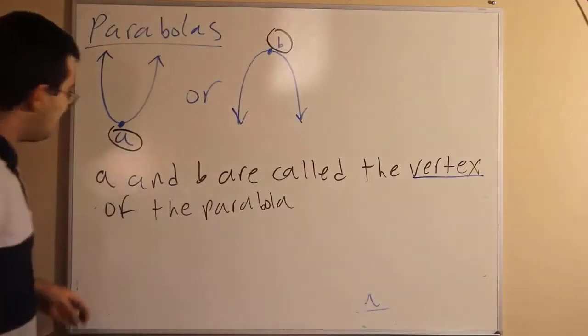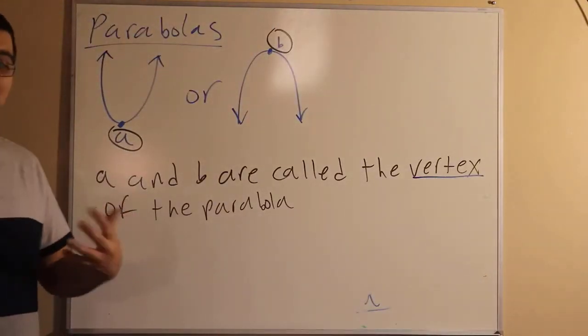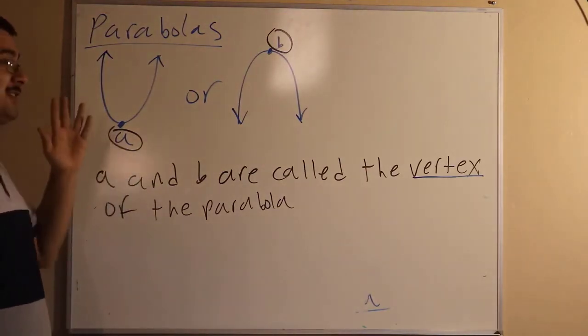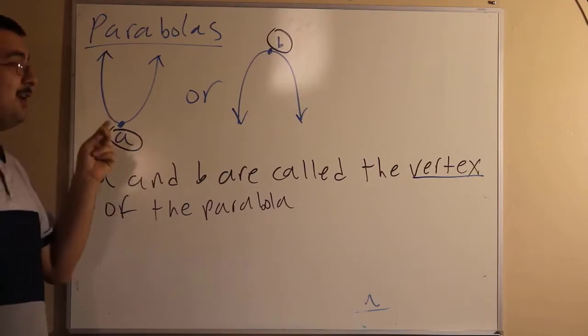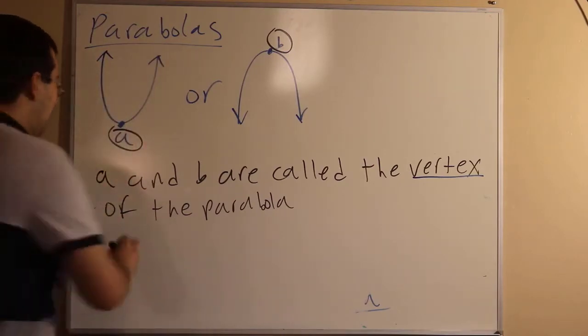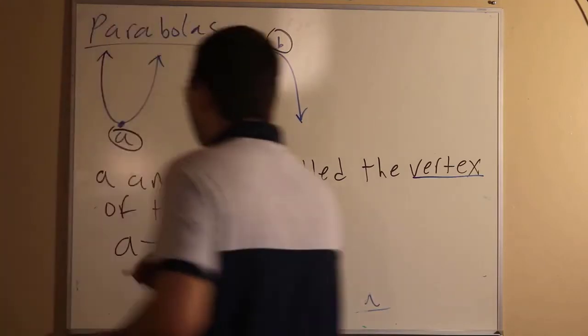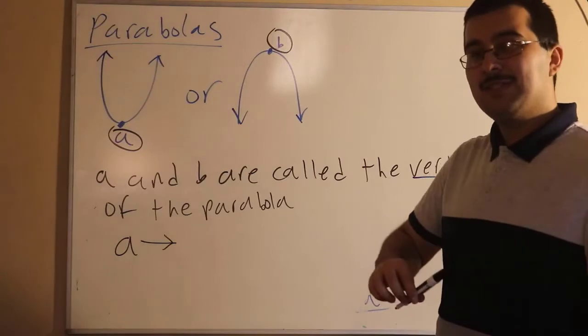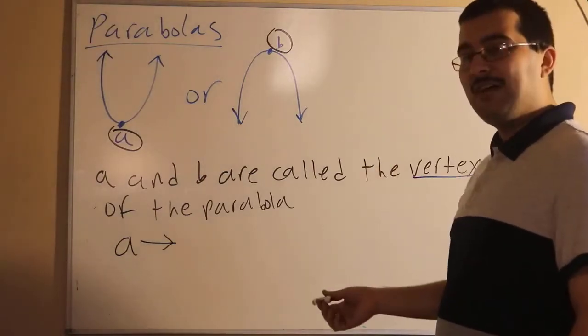Okay? And why do we care about them so much? That's the point where the behavior changes. We have a decrease to an increase. So not only are A and B vertices, but we can actually say more about them. Keyword: behavior change. So A is a decrease before it, an increase after it.